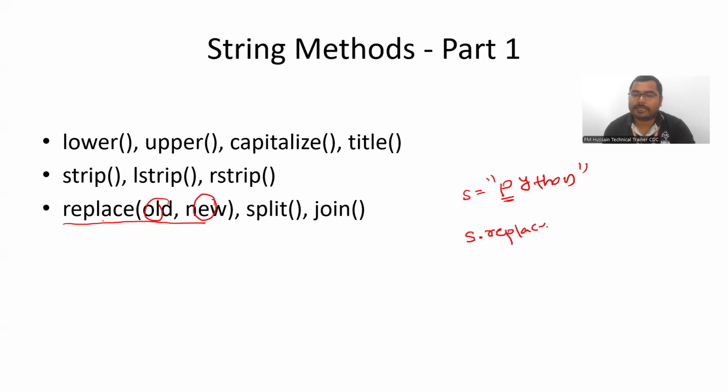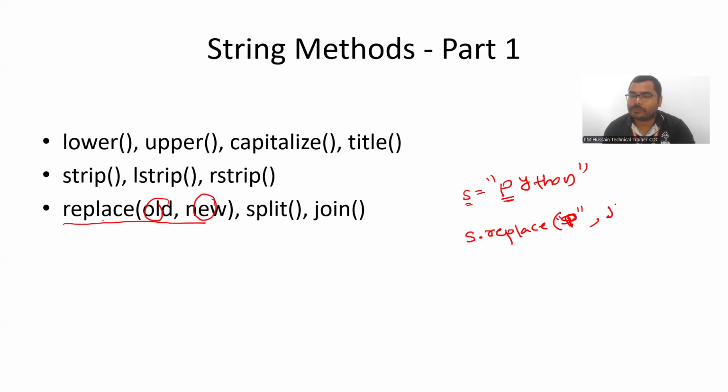Now this replace method will take the old string. Old string means whatever character you want to update, that character you need to specify. Not s here, P I want to change, right? So with which letter do you want to change it?